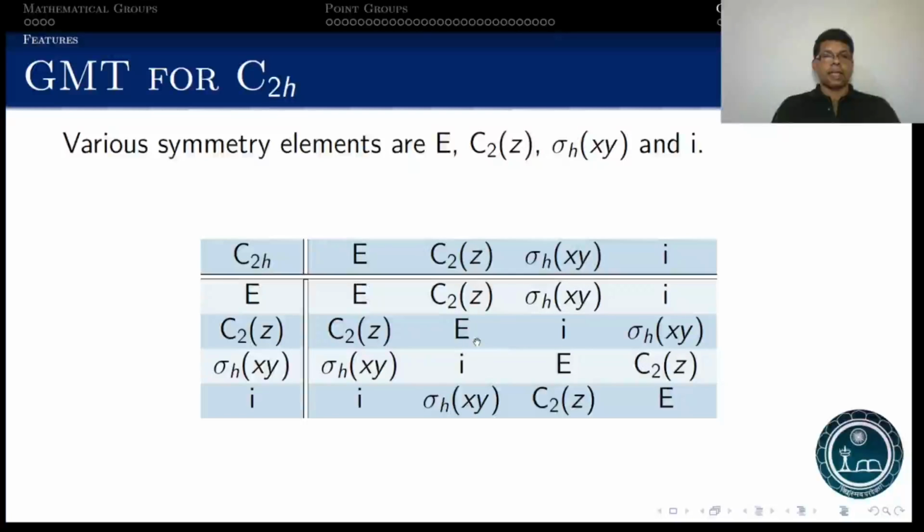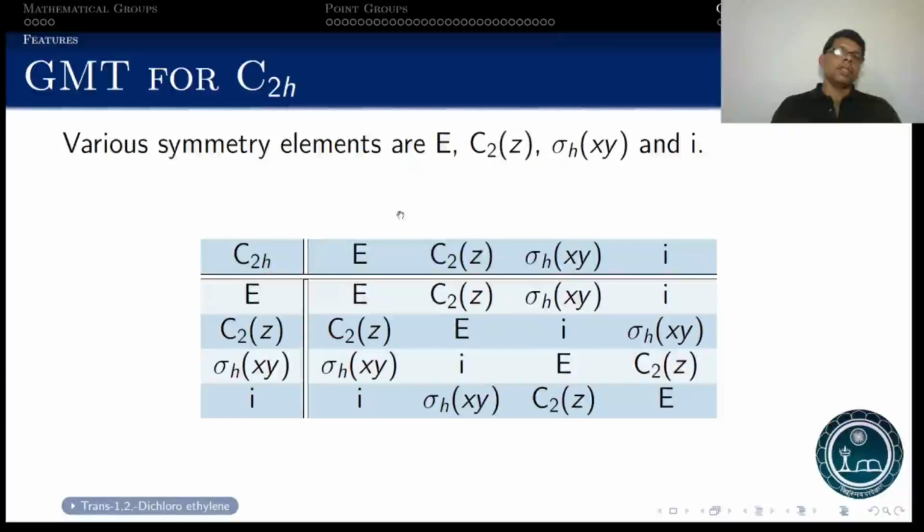C2Z with E. C2Z with sigma HXY will be I. Sigma HXY with I gives C2Z. You identify that a given molecule belongs to this group, write down the various symmetry elements, and try different combinations. This will be true according to this GMT.